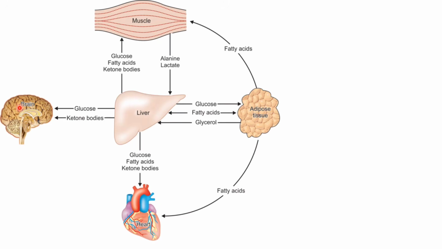Same way, brain doesn't contain any fuel reservoirs, and there is a continuous supply of glucose from the liver, and in starvation there is a supply of ketone bodies for energy purposes in the brain. So this is the integration of metabolism at tissue or organ level.